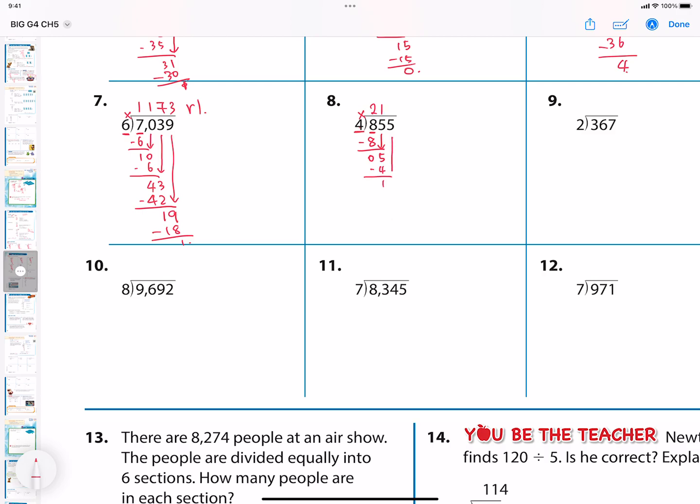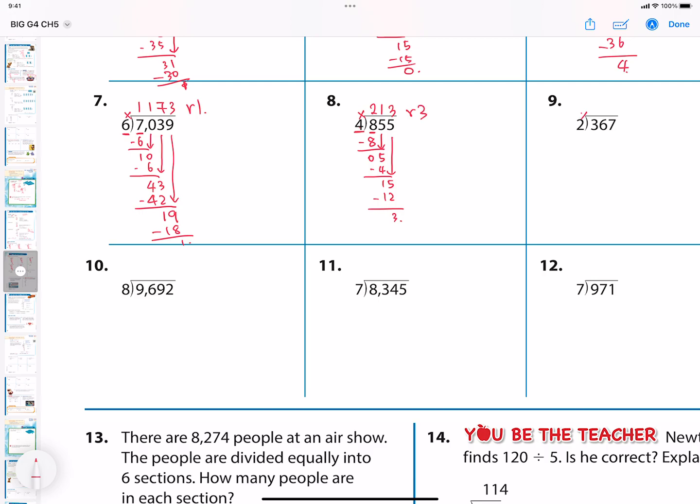Take away 1. Bring this down. Okay, we know 4 times 4 is 16, which is we don't have enough cookies, right? We have only 15 cookies. So what is the closest number from this multiples of divisor 4? Yes, 4 times 3 is 12. Take away 3. Remainder 3.